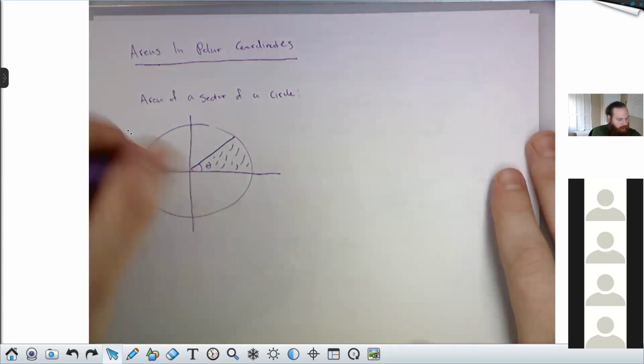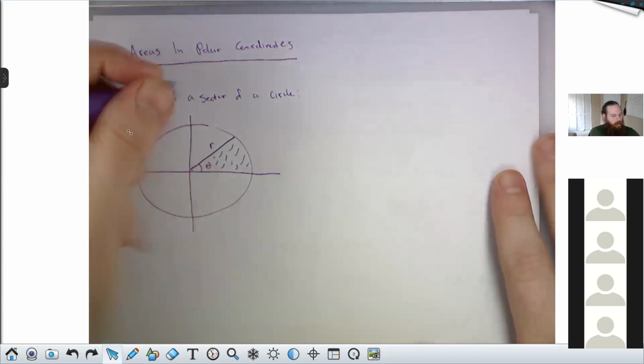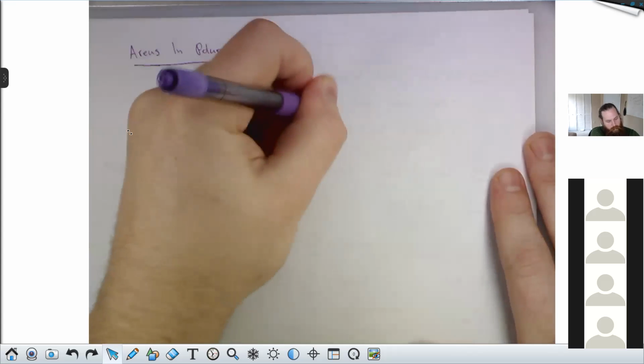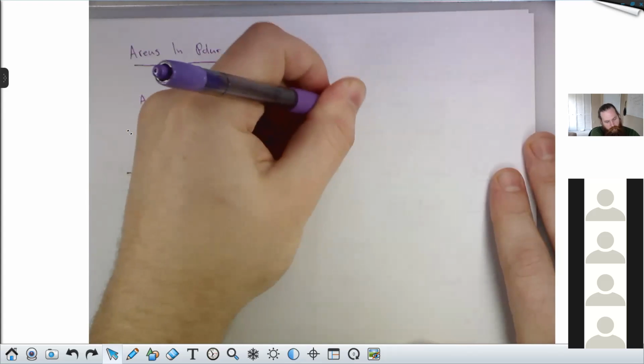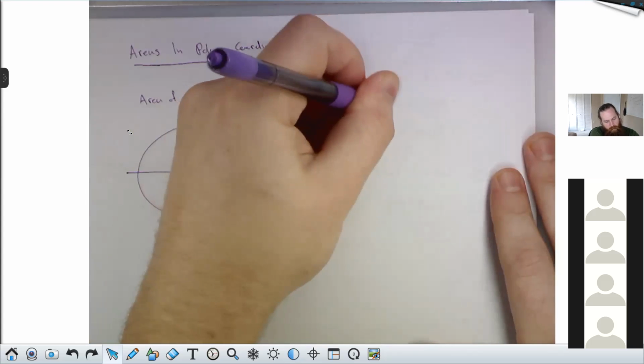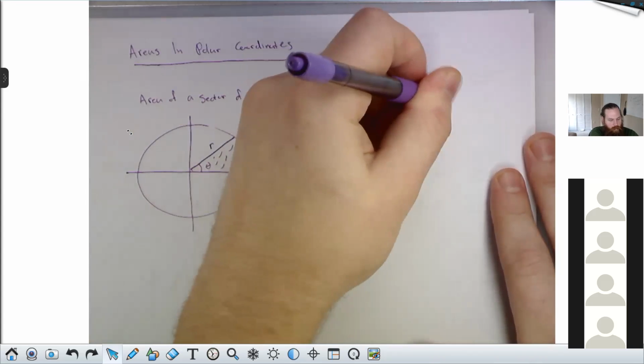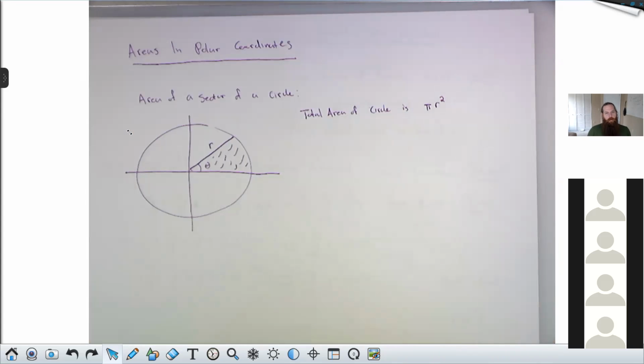So if this is a circle of radius r, you know that the total area of the circle is pi times r squared, right? We all remember that. Area of a circle is pi r squared. The area of a sector should be related to the area of the total circle.